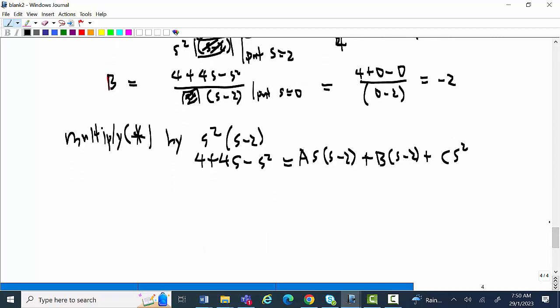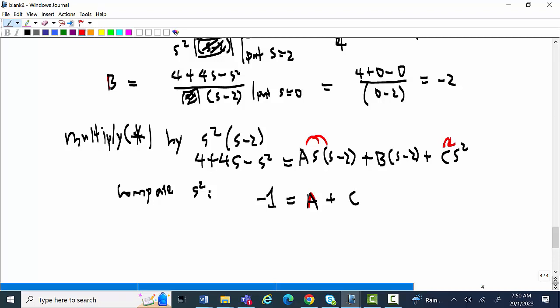Now we can compare to find A. Let's take s squared. The left hand side is minus 1 s squared. The right hand side, the s squared comes from As times s, and then C times s squared. So A plus C, As squared plus Cs squared, because the middle term has no s squared.